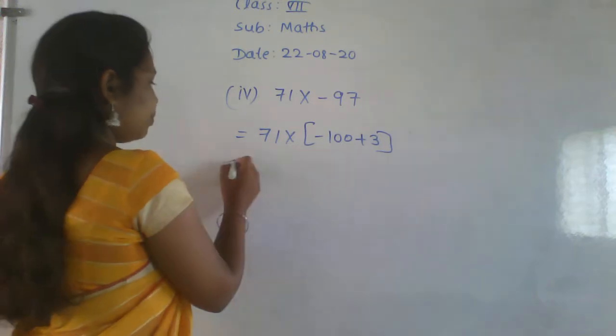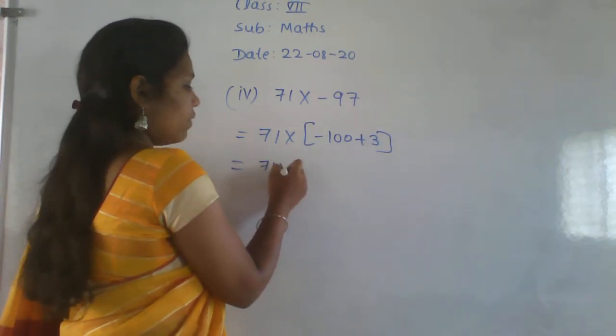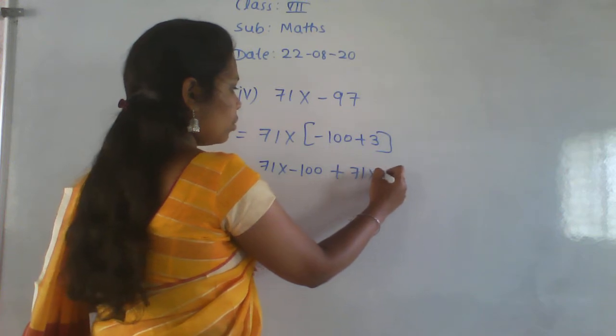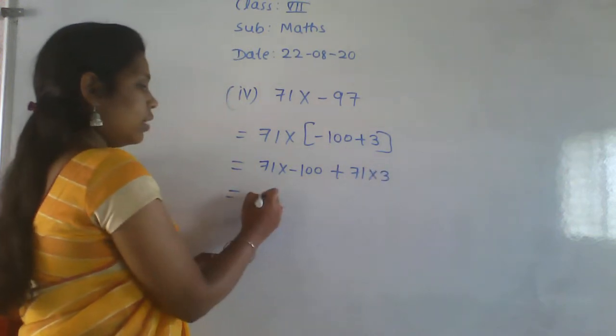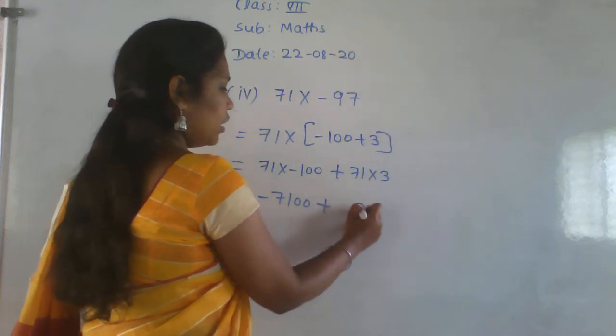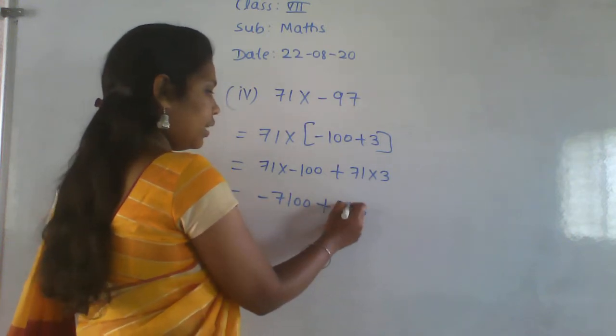Now multiply 71 into minus 100 plus 71 into 3. Here minus 7100 plus 3 sevens are 21, so 213.